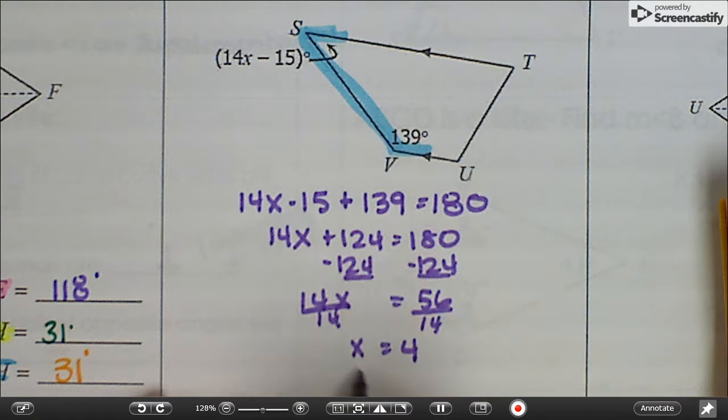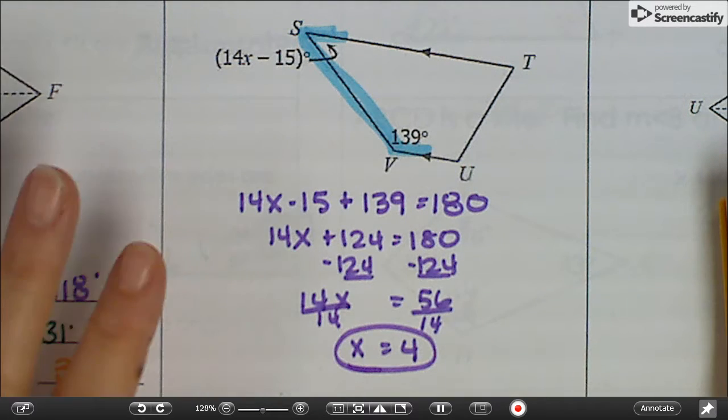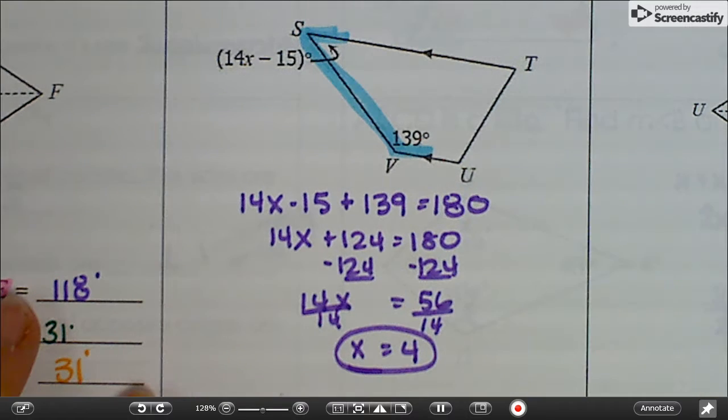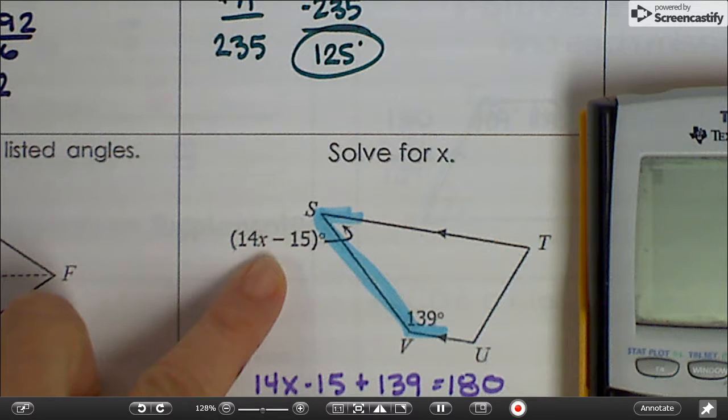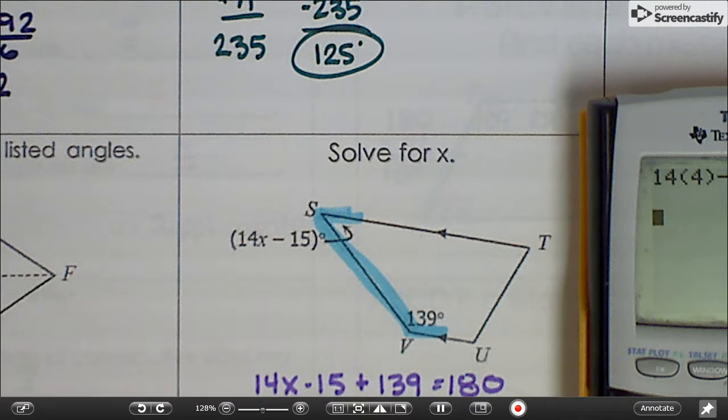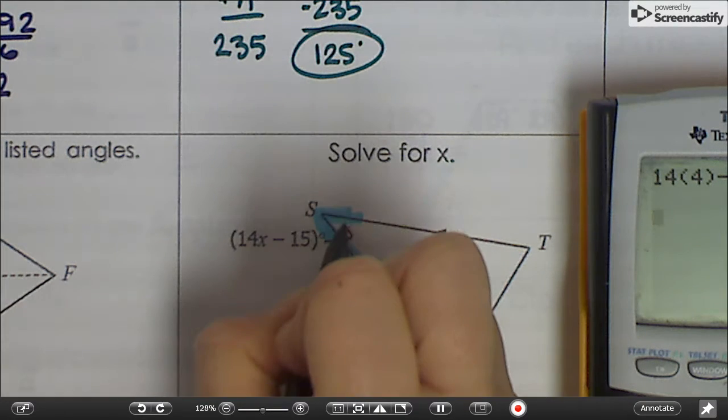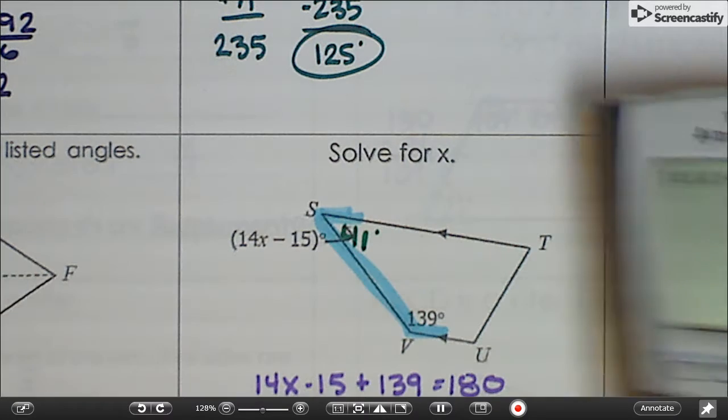This problem only said in the instructions up here, solve for x, so we're actually done. We could plug x in and figure out how many degrees this angle is, and I'm going to do that just so we can talk about something real quick. Again, this is not part of the problem, it's just something I want to talk about.